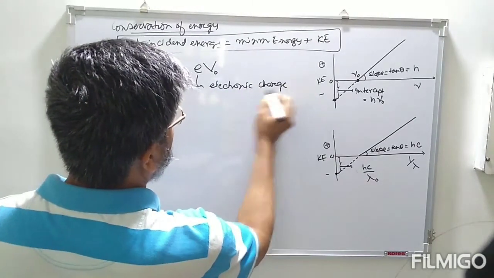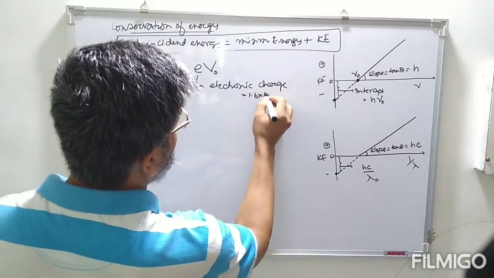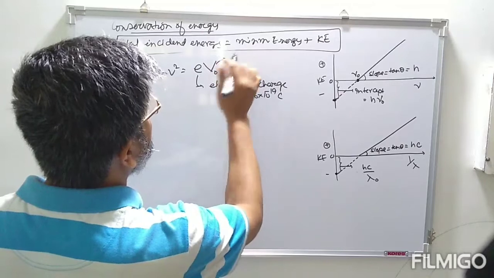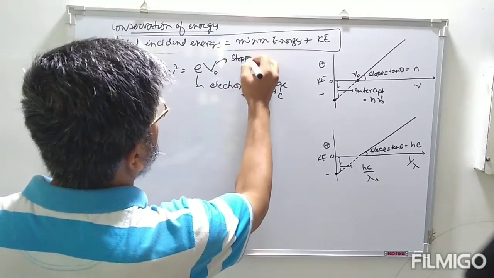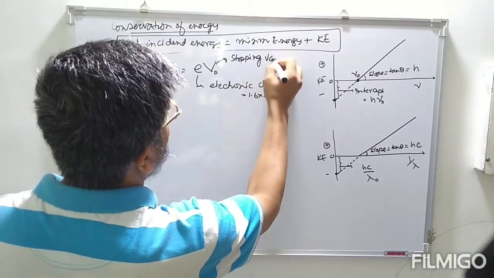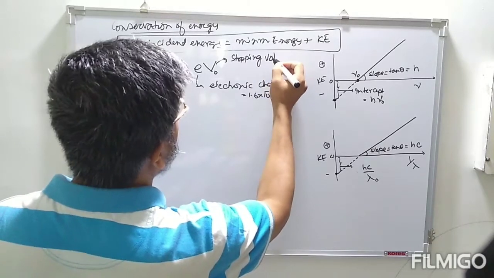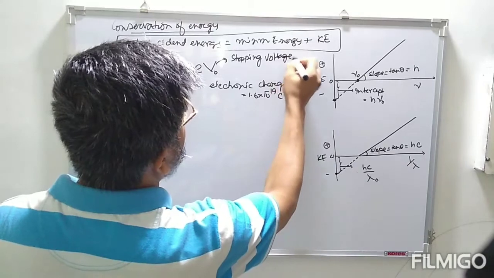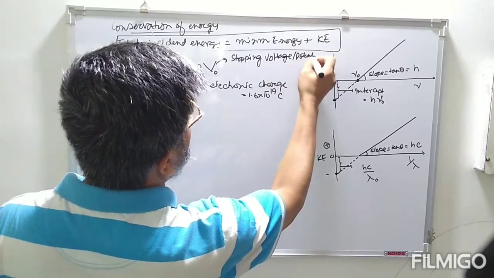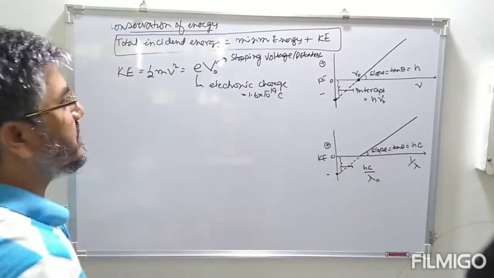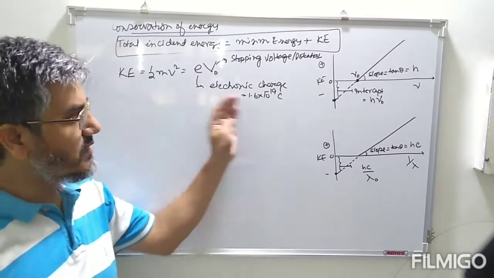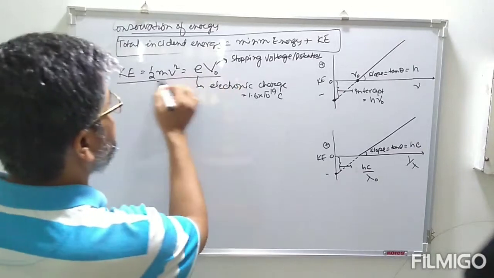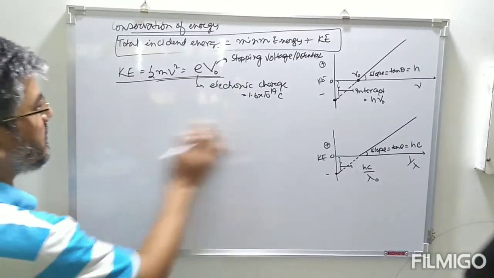Electronic charge is 1.6 into 10 to the power minus 19 coulomb. And V naught is the stopping potential or voltage. So this is nothing but the potential that must be applied so that there is no ejection of electrons. So sometimes kinetic energy is measured in terms of stopping potential.